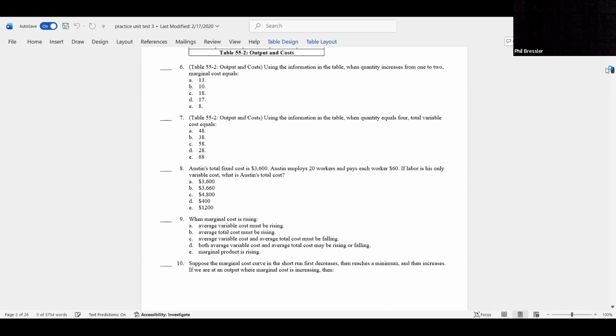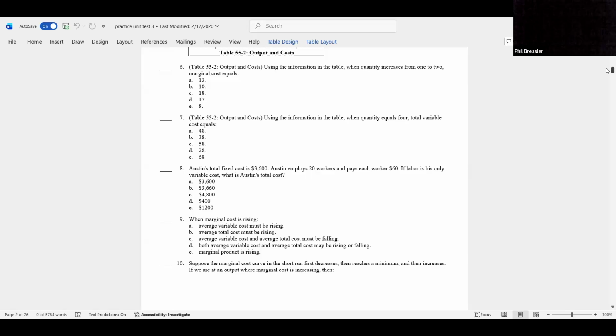When marginal cost is rising, both average variable cost and average total cost, it's D. If marginal cost is rising, all you know is marginal product is falling. Now, if marginal cost is below average variable cost and average total cost, they will be falling. If it's above them, they'll be rising.